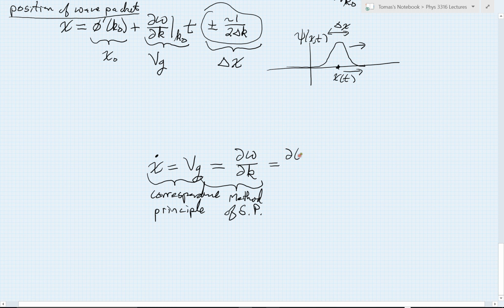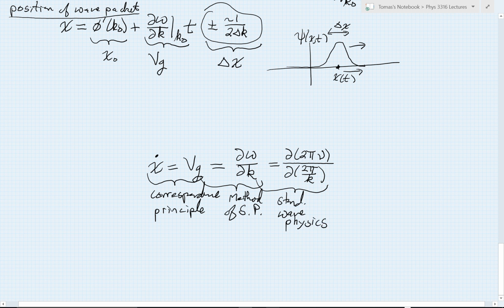Remember that omega is 2 pi times these frequencies nu that we've been thinking about. And then k, remember, is 2 pi over lambda. This is just standard wave physics, right? Standard wave physics can make this connection for us.